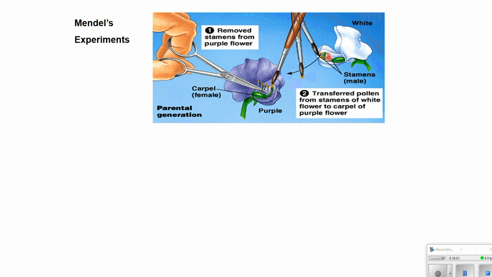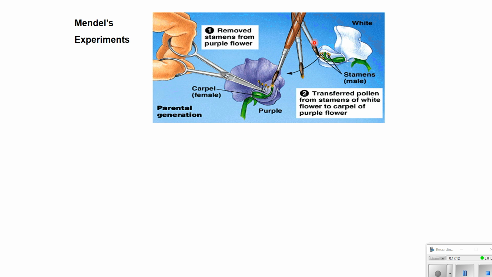So you can see in this case, Mendel was crossing a white-flowered pea plant with a purple-flowered pea plant. Both of these parents are what we would call homozygous. That is, the purple plant only has genes for purple and the white plant only has genes for white.